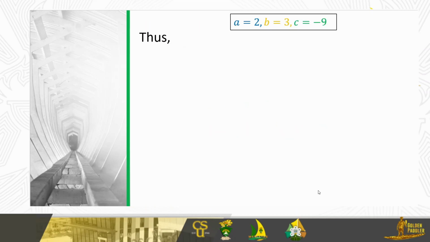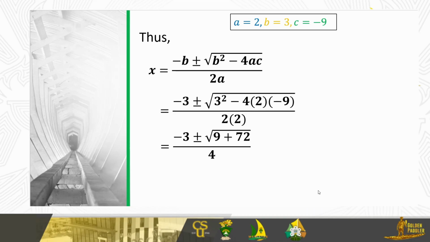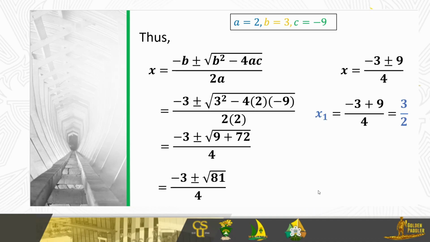Let us substitute these values a, b, and c in the quadratic formula. So we have, and then simplifying, we get x equals negative 3 plus or minus 9 all over 4. And we have two possible solutions.